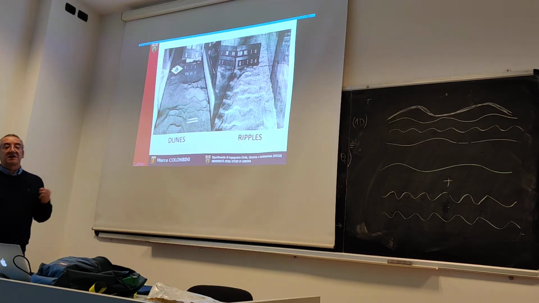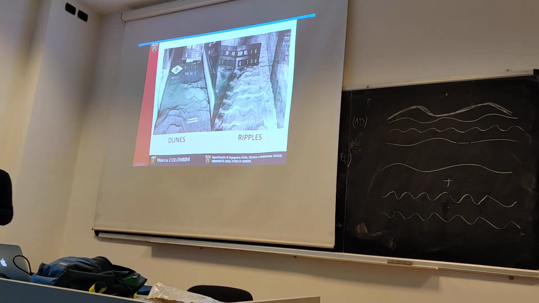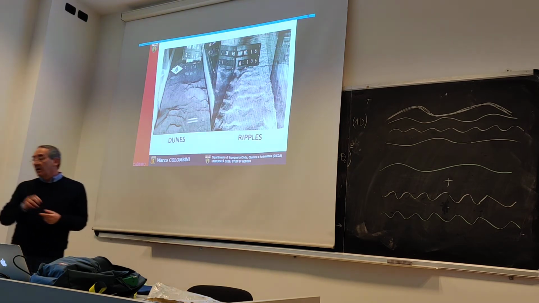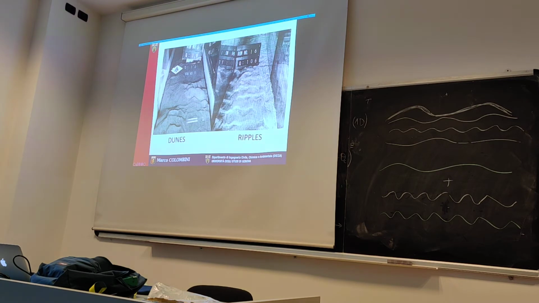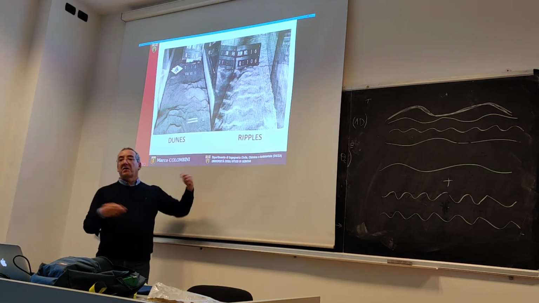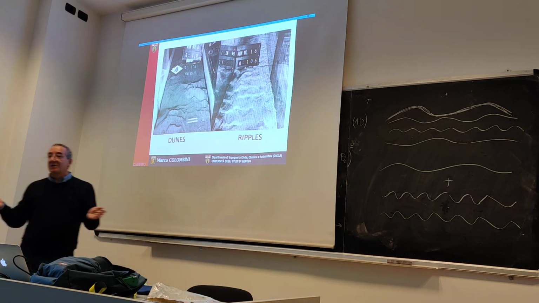An amazing thing is that there is a lot of confusion in the literature between dunes and ripples for the reason I was telling you. But the experimenter was pretty able to label them. Just looking at the experiment, they were saying, okay, this one are ripples, these one are dunes. They have no doubts on this.